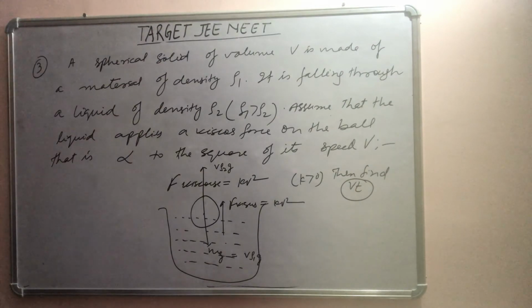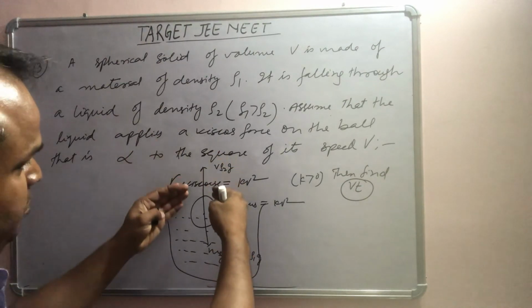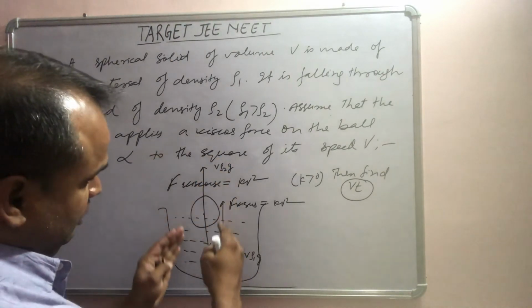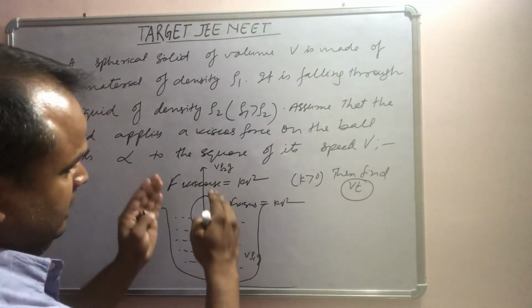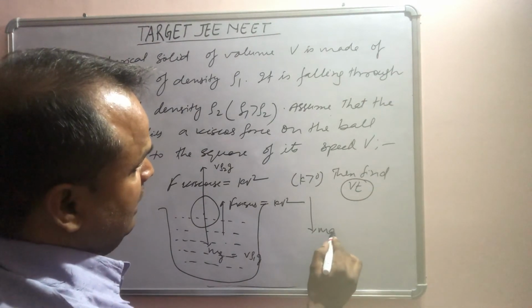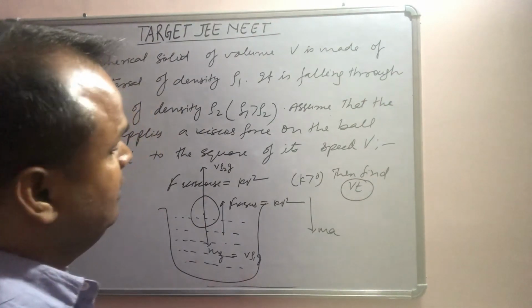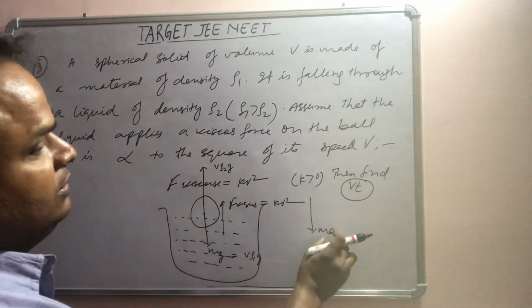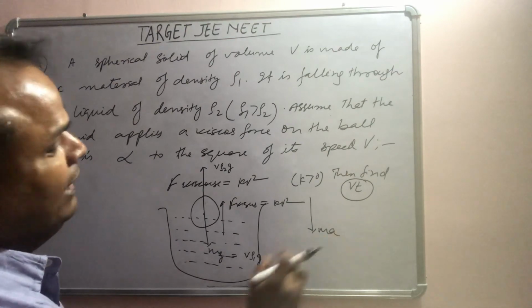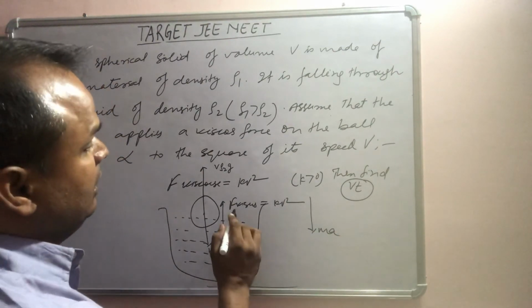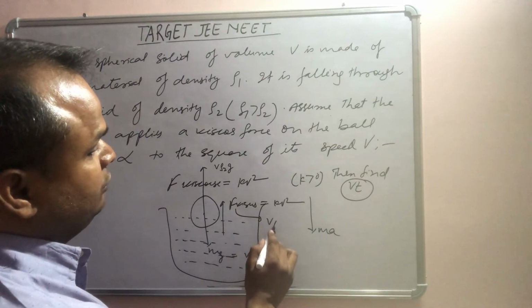Now, as soon as the speed increases, because the final direction of motion is this, if this is the final direction, it means m into a towards this direction. If the viscous force increases, it means acceleration decreases, and one stage comes when acceleration becomes 0, then v becomes vt.